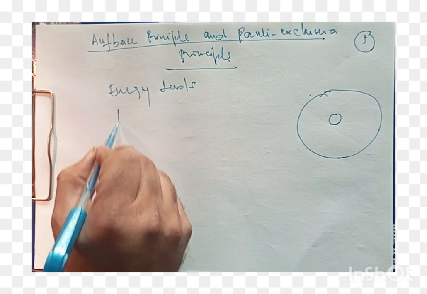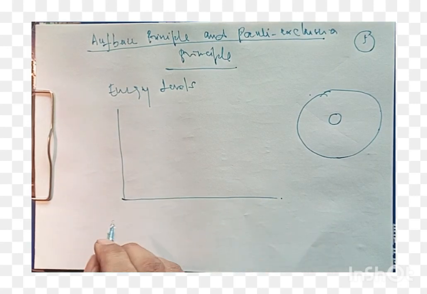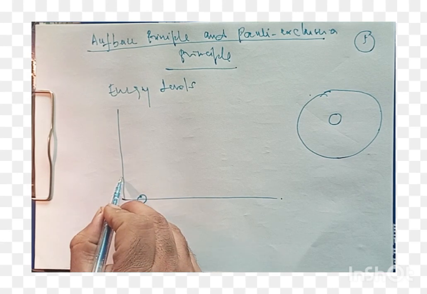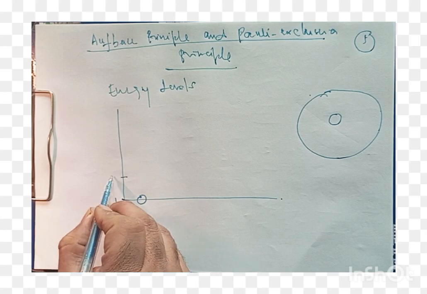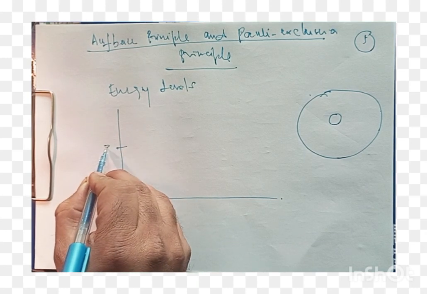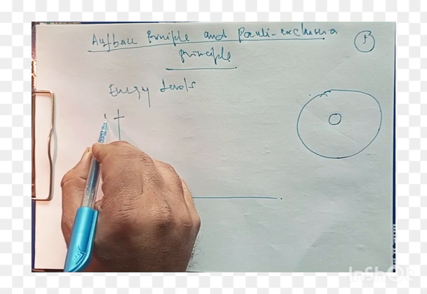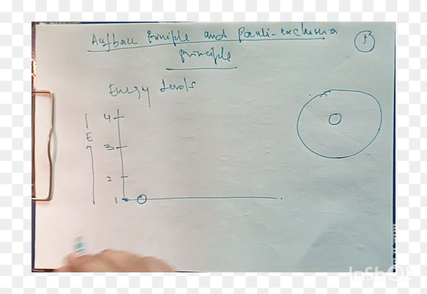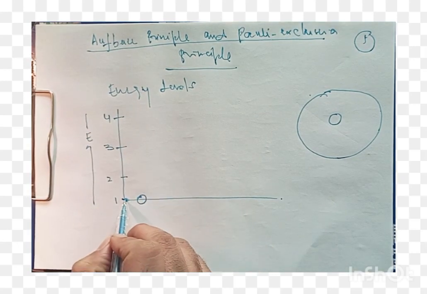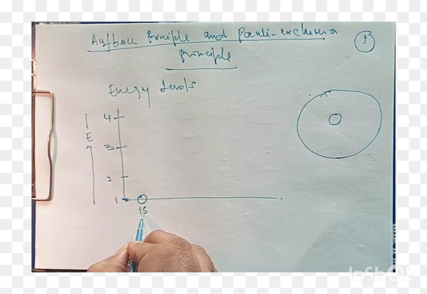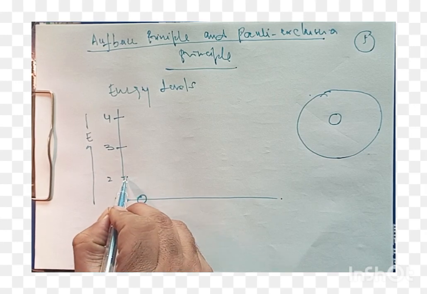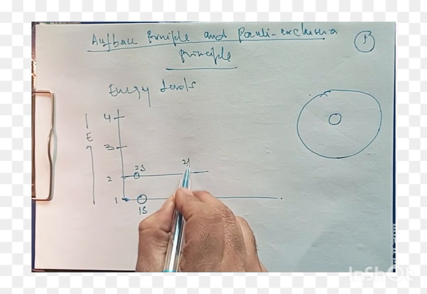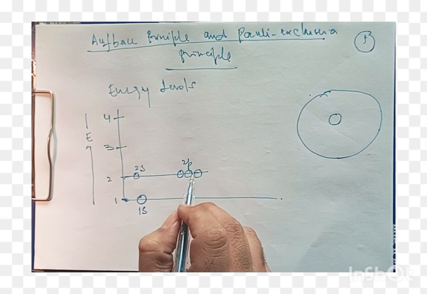We can have a graph of that where we can show the state of energies. Let me call this 1, this 2, this 3, and this 4. This axis will give us energy, and in the first state we have 1s, then 2s, and 2p, and this 2p has 3 states.